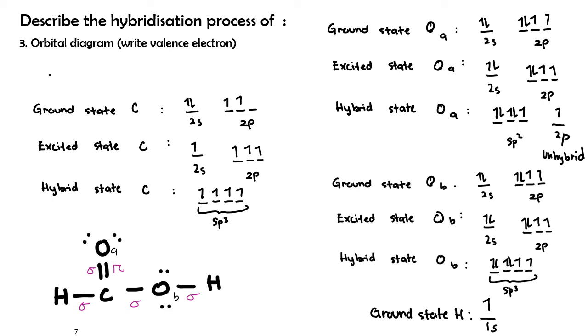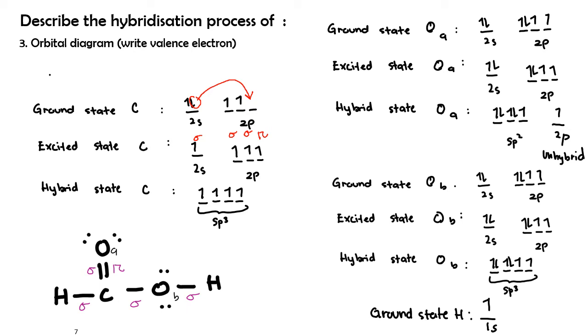Okay, so write all the ground state of carbon, the usual way of writing it. And if you need to excite the electron like this, just excite the electron. So here you need to have 4 single electrons, excite one of them. So you will have 4 single electrons for sigma, sigma, sigma and pi bond later.